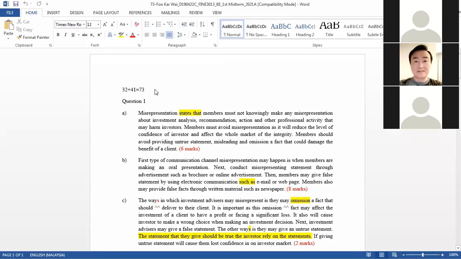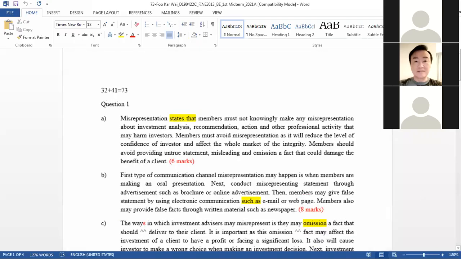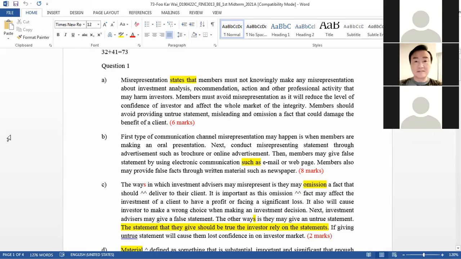Right, Fu Ga Wai, you got 32 plus 41. Okay, now here, as I said, the standard states, not misrepresentation states, right? So basically, you still got full marks.